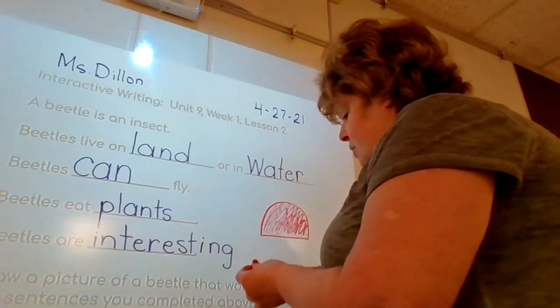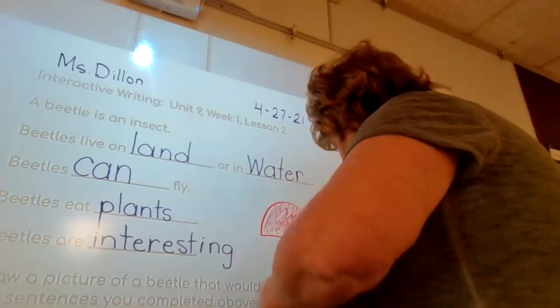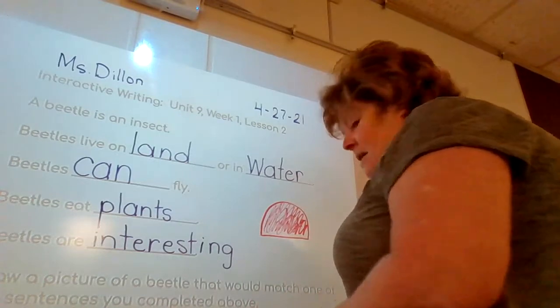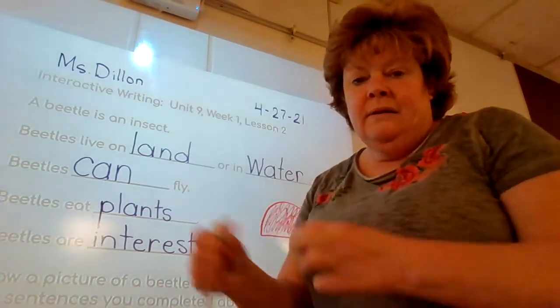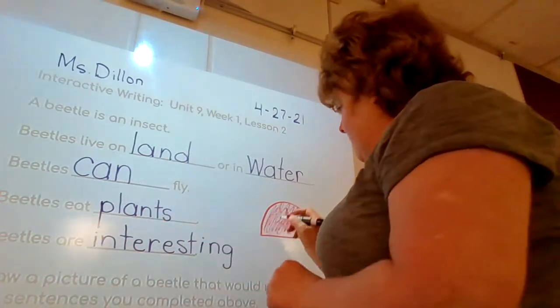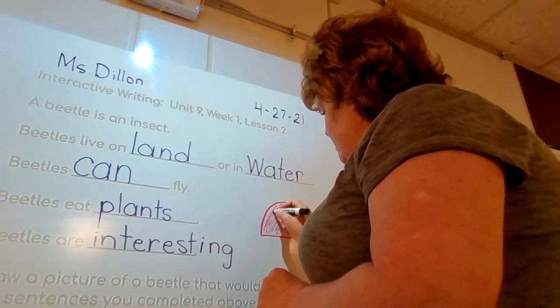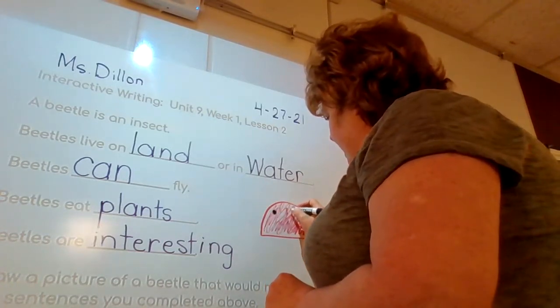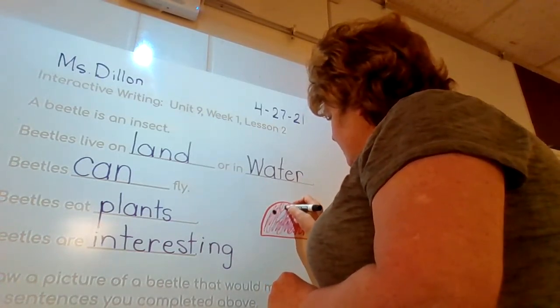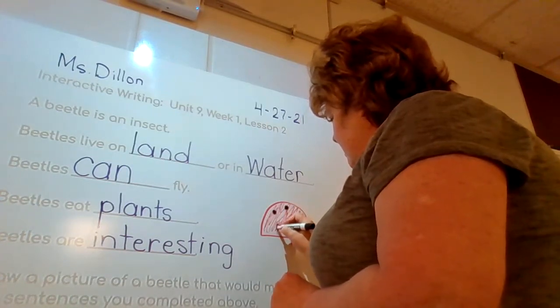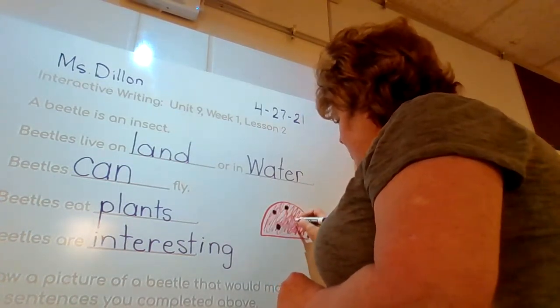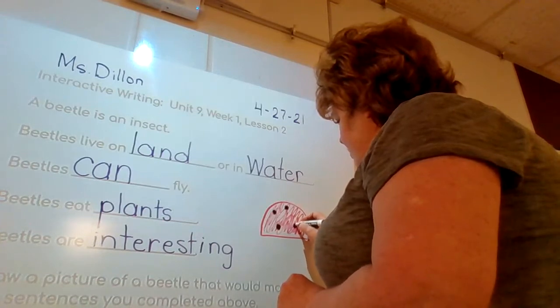But you can do yours nice and neat. And then, if it's a ladybug, what do I need? I need my black spots, don't I? So I'm going to make some black spots. I'm only going to make a few of them.